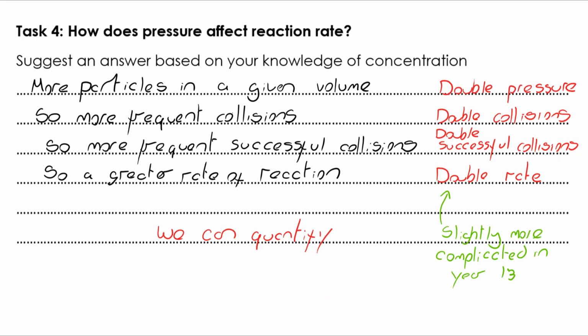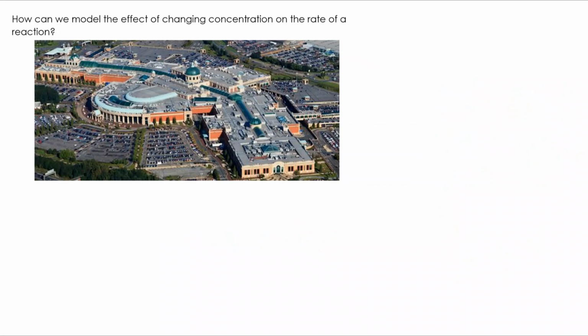I'm now going to ask you to consider how we can model the effect of changing concentration on the rate of a reaction. You don't necessarily need to pause yet. I want to talk through my model and then see if you can adapt it to see how it fits with changing concentration or changing pressure when we look at the impact on rate of reaction.